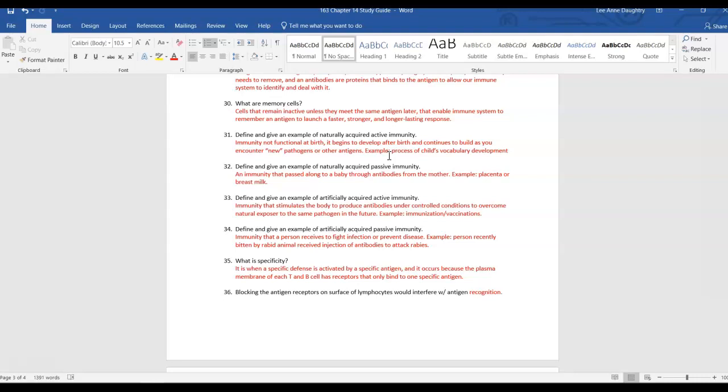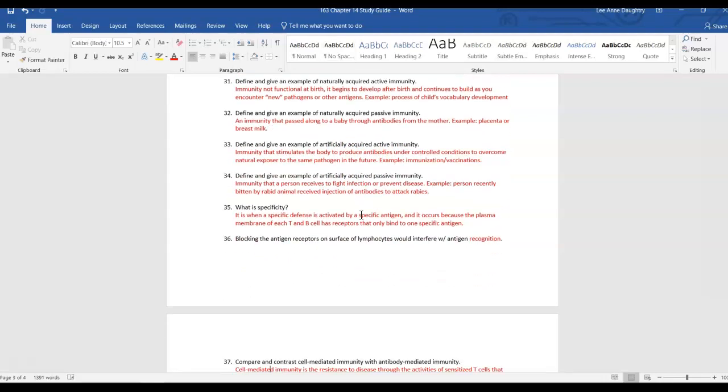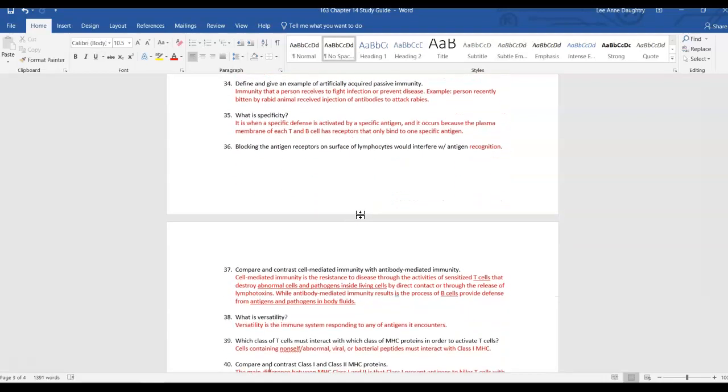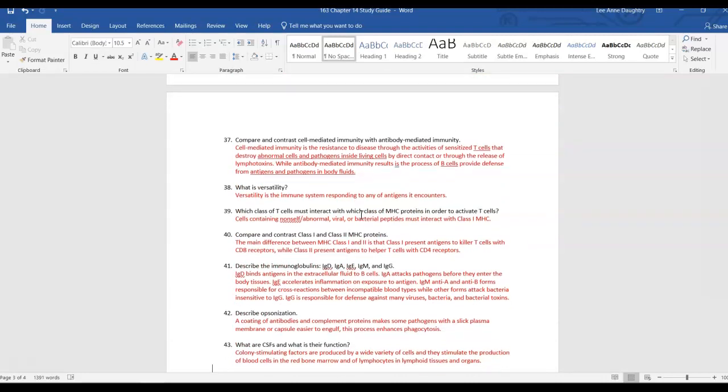If you get sick from something, you've already been exposed to it, so you will have immunity to it if that same pathogen tries to infect you again. Okay, so artificially acquired passive is the one where you get an injection of antibodies. Artificially acquired active is going to be a vaccine. Okay, sorry about that. I didn't mean to be confusing there.